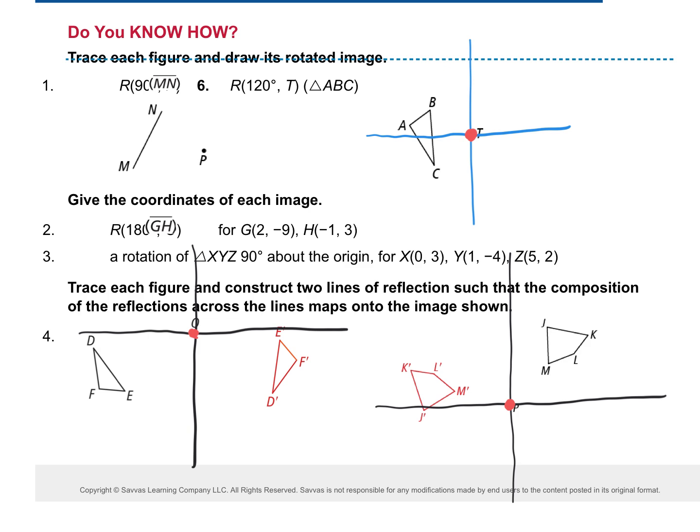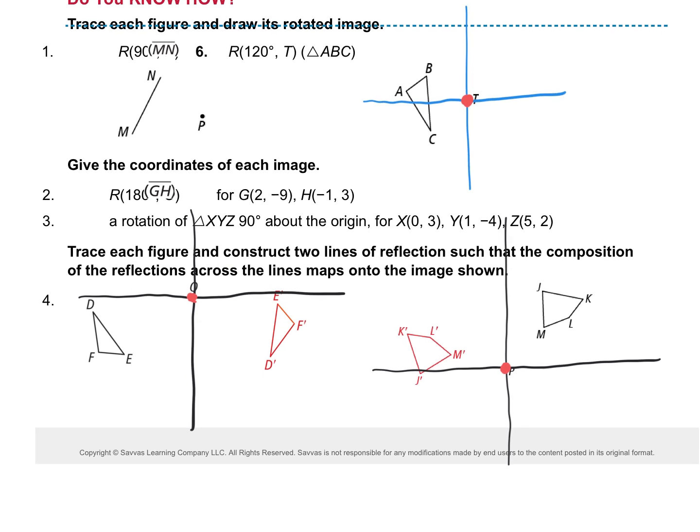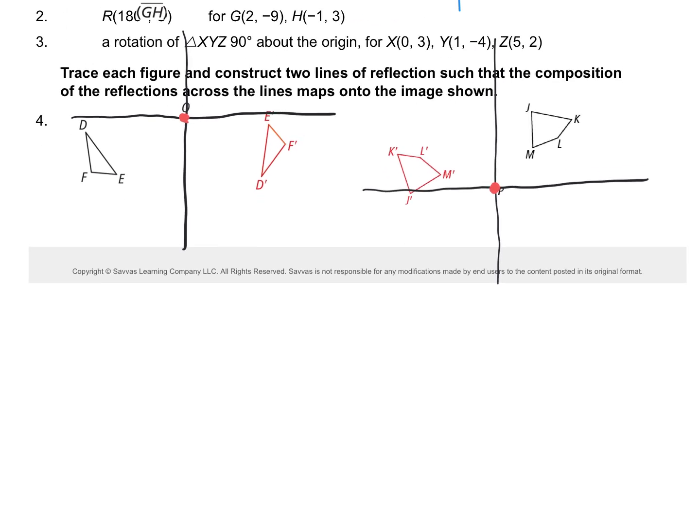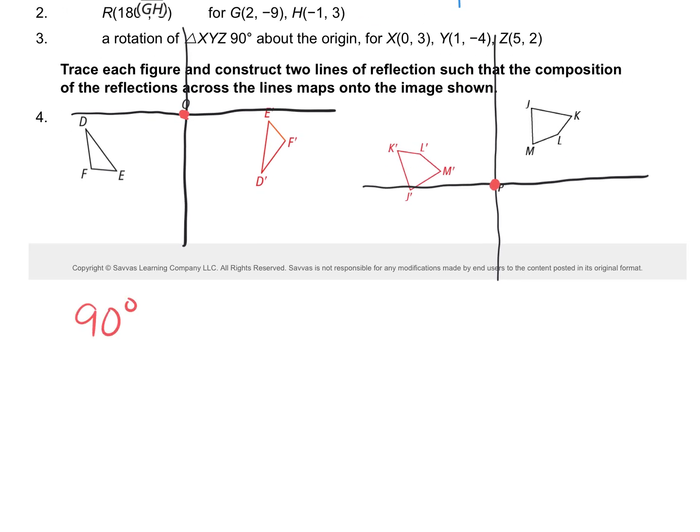On number 9, how many quadrants is it moving? 1, or you could have said 3. How many degrees is it if it's 1 quadrant? 90. Which one's my original image, left or right? Yep, left. So we're going this way, which is counterclockwise. If you said 3, how many degrees is 3? 270.